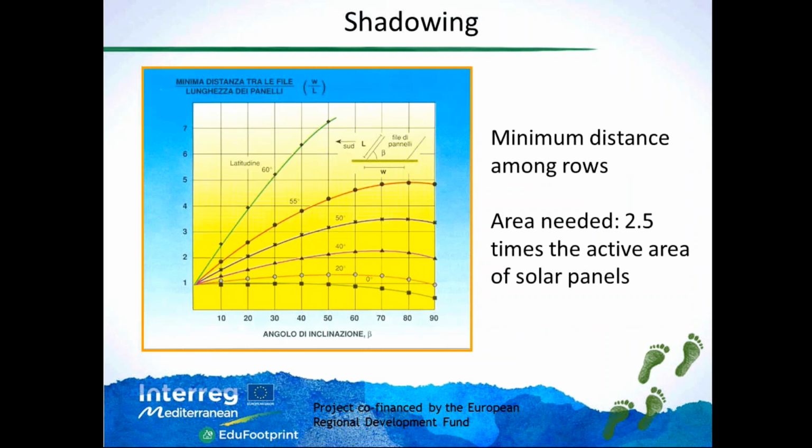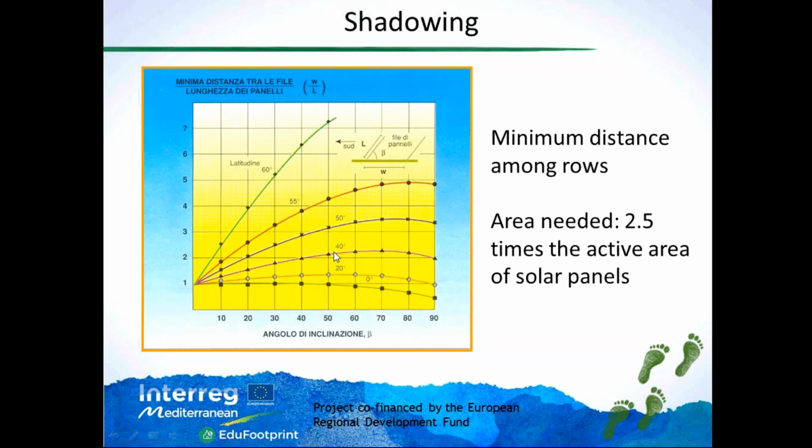How much is this distance? We can take this graph, which is in Italian, but it's very easy to understand. On the horizontal axis, you have the tilt angle. So for instance, we can take 30 degrees, as I was saying before, as a tilt for optimizing the energy yield collected during the year. Then you have several curves here, which are the latitude.